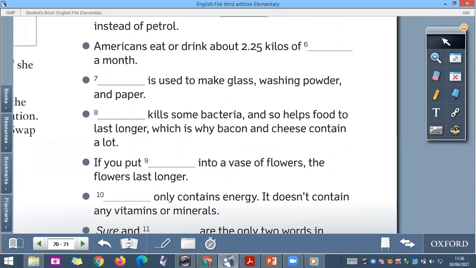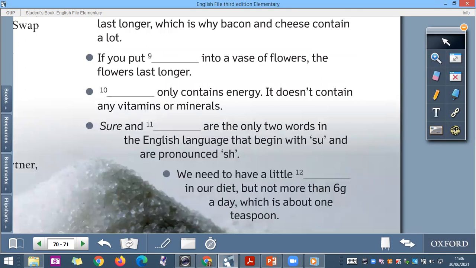Is used to make glass, washing powder and paper. Kills some bacteria and so helps food to last longer, which is why bacon and cheese contain a lot. If you put into a vase of flowers, the flowers last longer. Only contains energy.